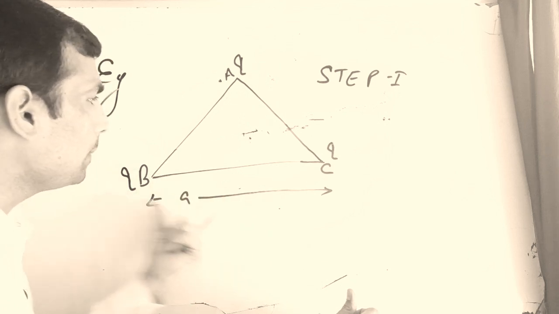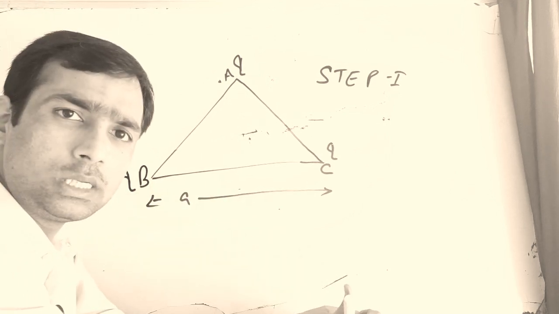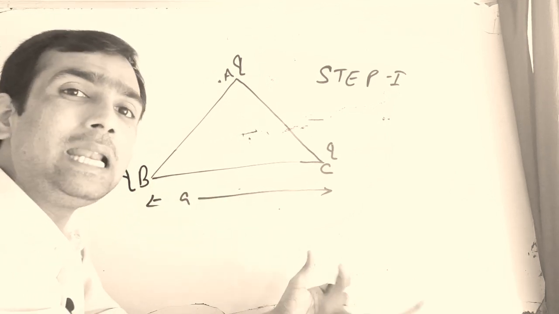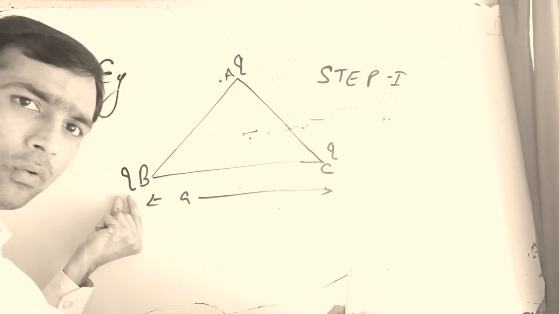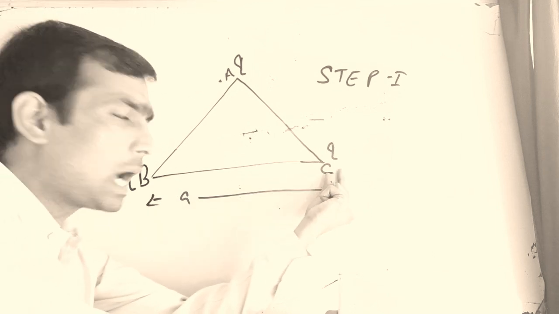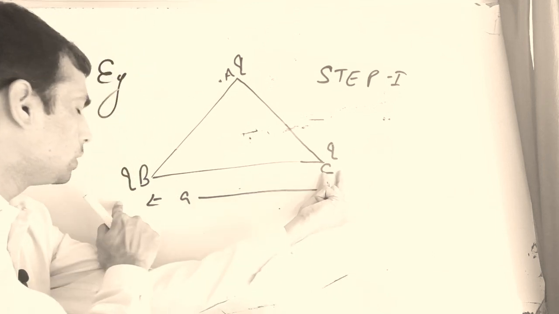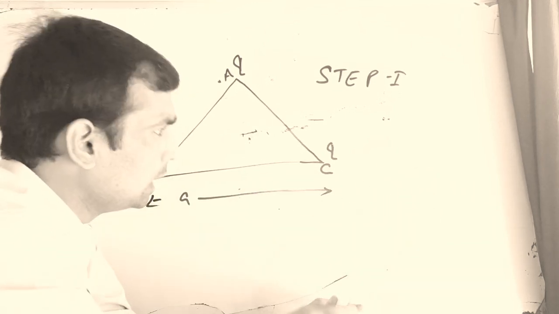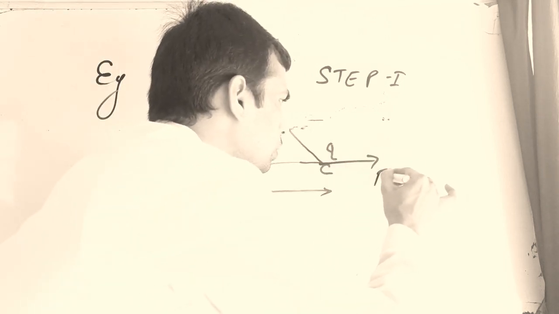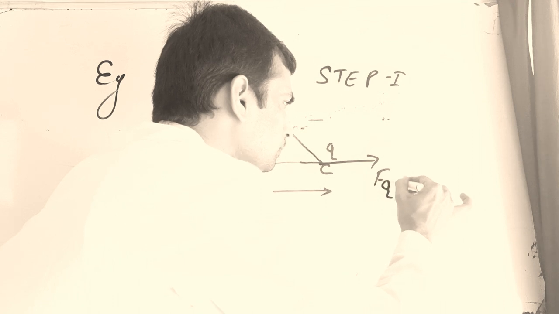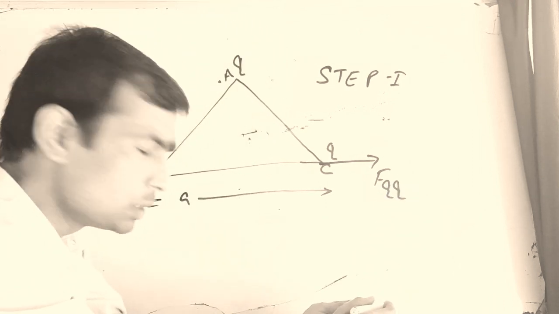So student, same nature of charges, positive, or like charges repel each other, right? So force on charge Q due to this one is in the right direction. So I'm calling it force on Q due to Q in the right direction, same charges.